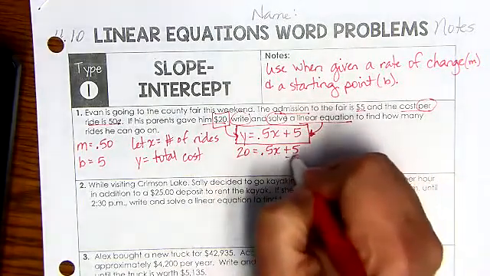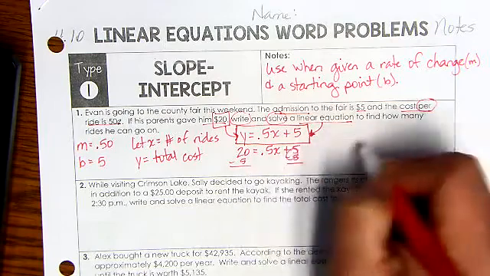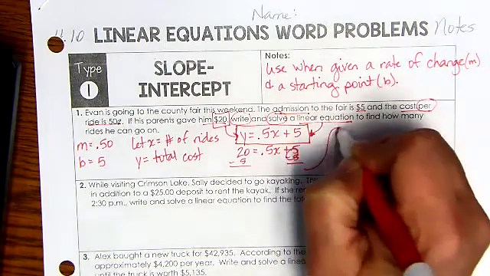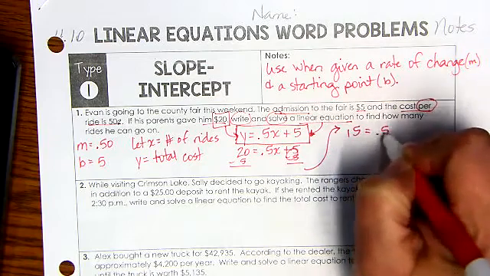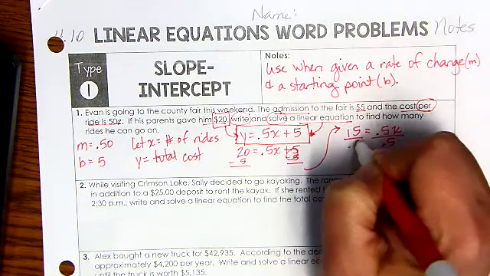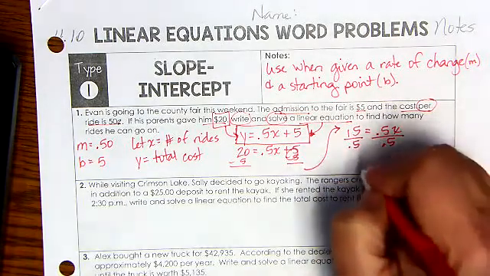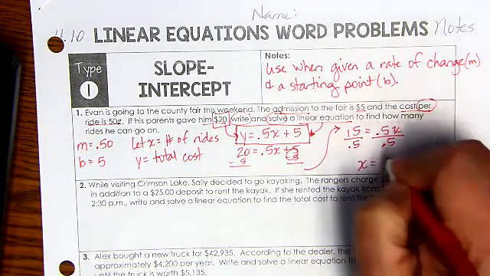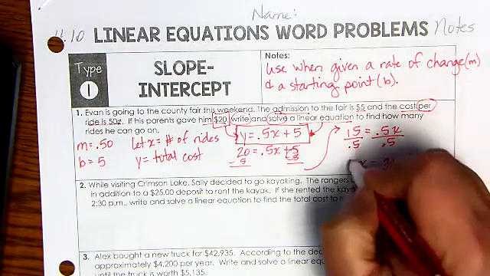So we're going to subtract 5, this zeroes out, and now we have 15 equals 0.5x. Divide by 0.5, and we have the handy dandy calculator, which tells me that x equals 30 rides.